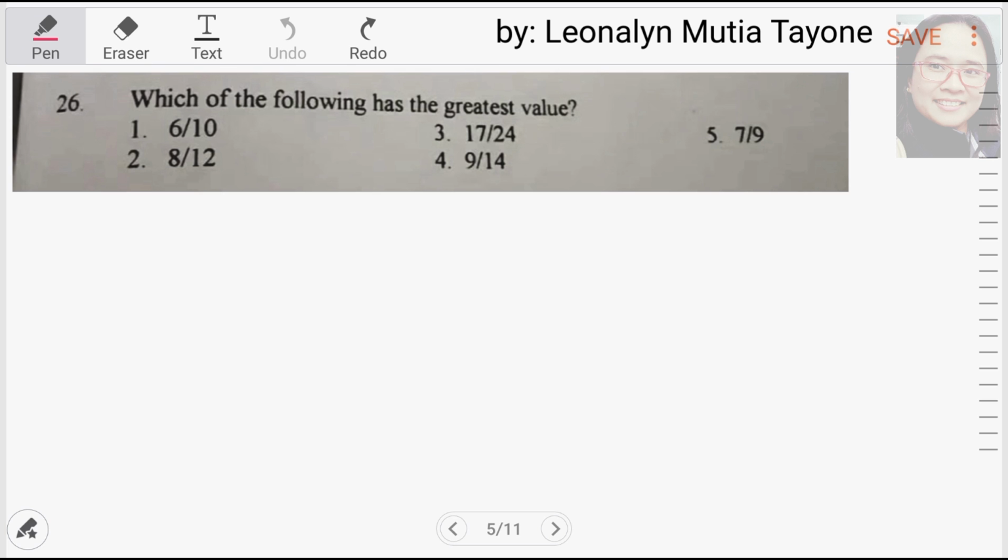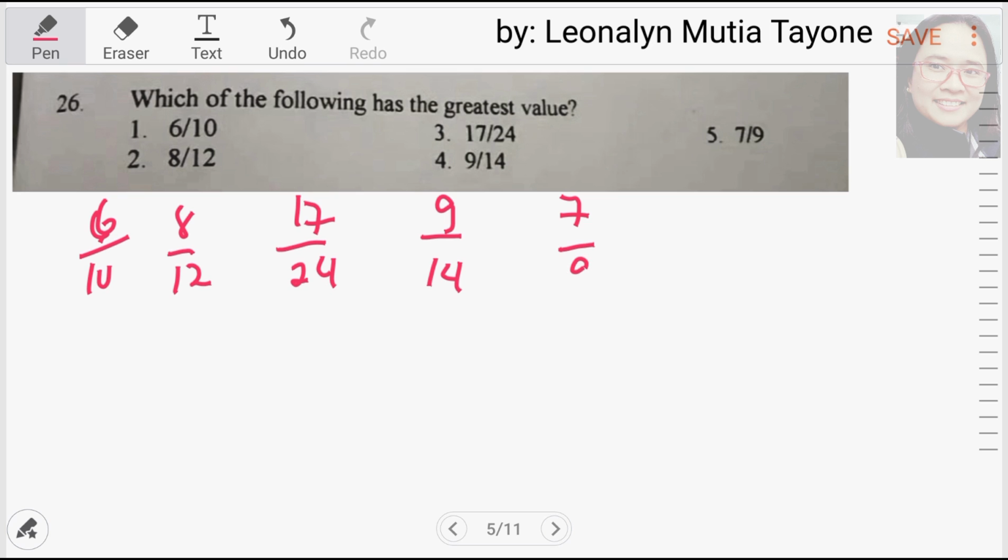First, hanapin natin kung saan dyan ang less than half. Walang less than half dito. So next, isa-isahin natin. Isulat ko muna lahat para klaro sa inyo, ha? 6 over 10, 8 over 12, this is 17 over 24, 9 over 14, and 7 over 9.